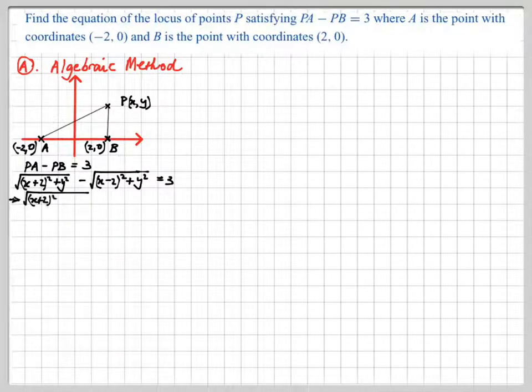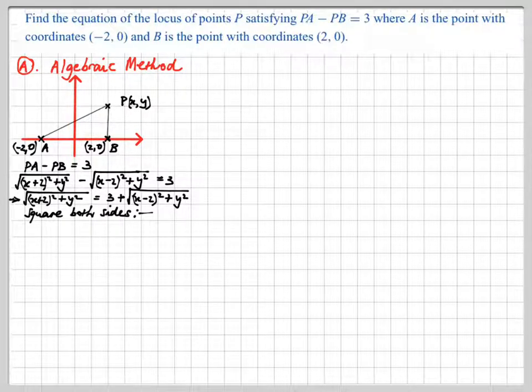It doesn't matter which term you take over to the right hand side. Now I'm going to square both sides, and be very careful watching how I square the right hand side. Some of you silly sausages do it the wrong way, because it looks so ugly. You're not silly sausages, you're wonderful people, by the way.